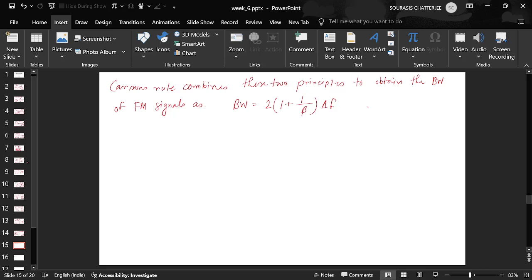This is the peak frequency deviation, this is the modulation index. It can be written also in this form, 2 (1 plus beta) fm. Both are actually correct.